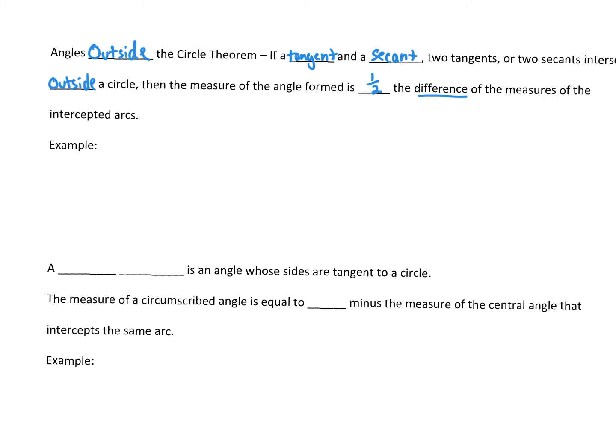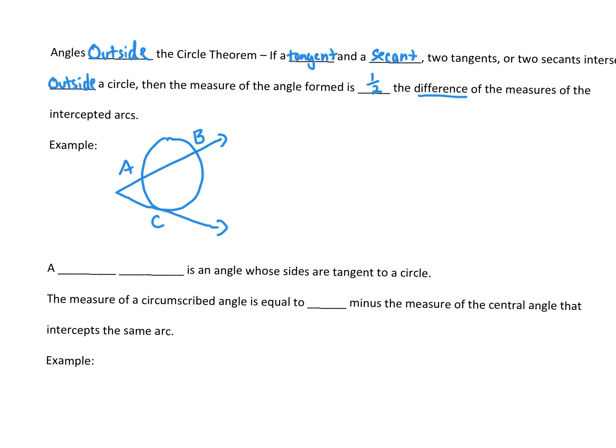Let me draw a circle to show you what that means. If we have a line that cuts through the circle, this being a secant, and then a line that just touches it, this being a tangent right here. And we call these A, B, and C down here.